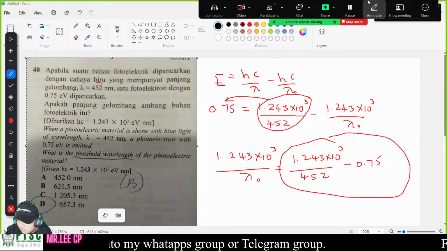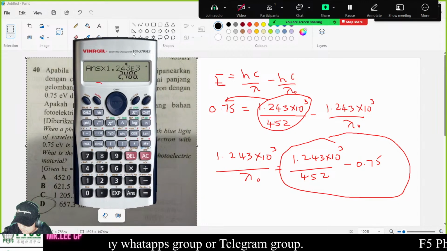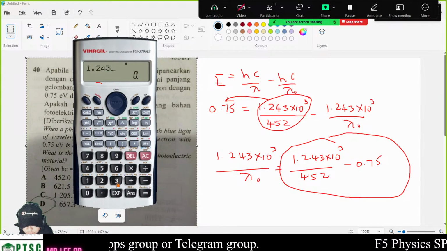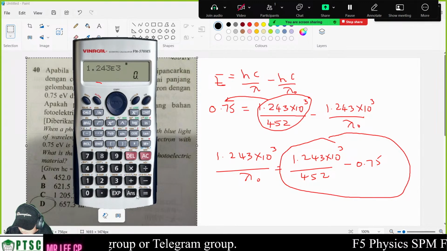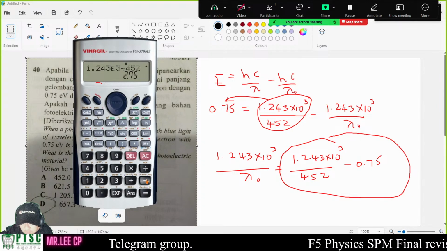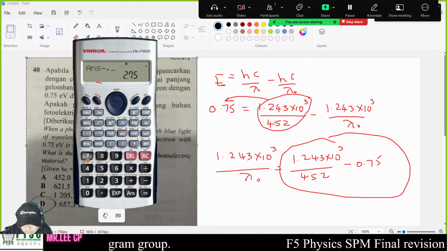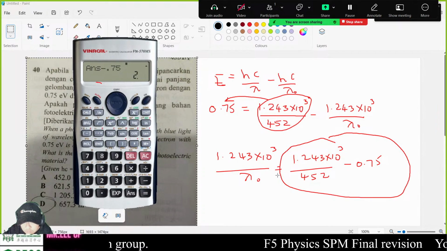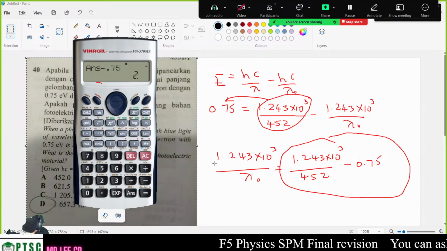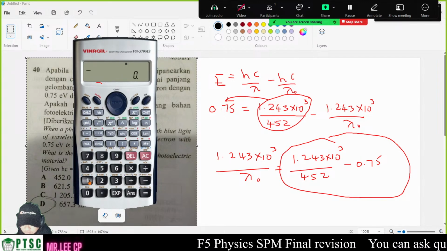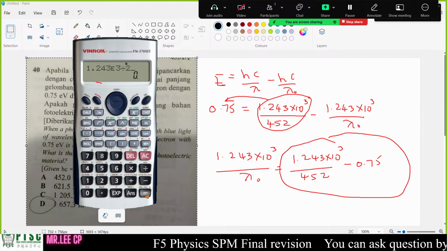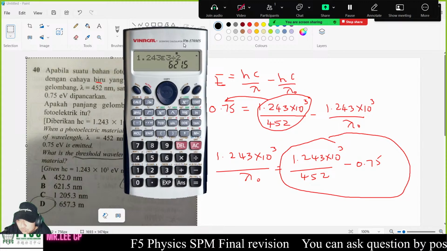I press one more time. 1.243 exponent 3 divided by 452 minus 0.75 equals 2. Here it is 2, 2 goes down, this one lambda goes up, meaning this one divided by 2. 1.243 exponent 3 divided by 2 is 621.5. I pressed wrong.